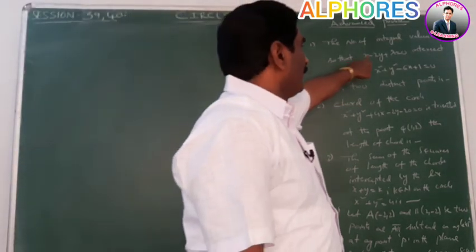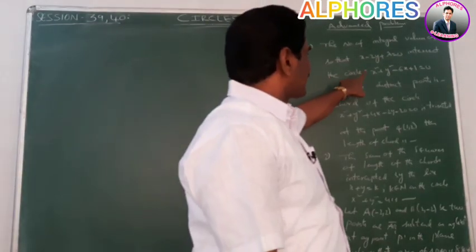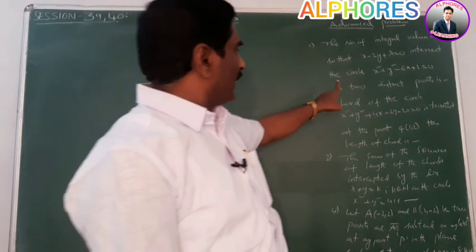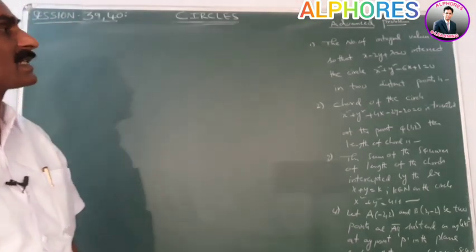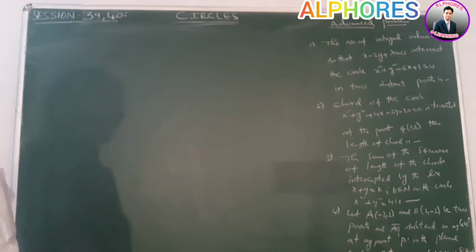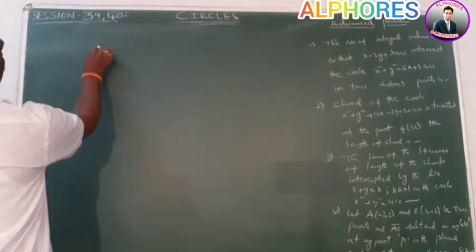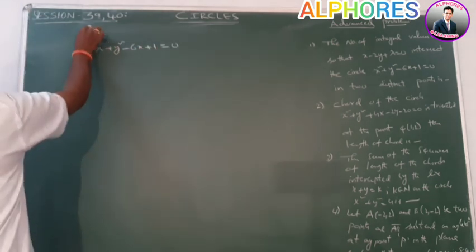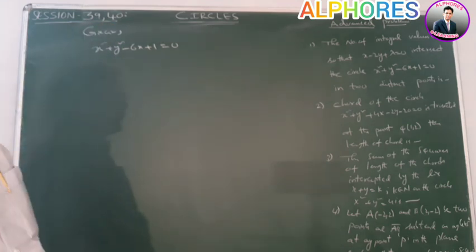The number of integral values of lambda so that the line x minus 2y plus lambda is equal to 0 intersects the circle x square plus y square minus 6x plus 1 is equal to 0 at two distinct points.